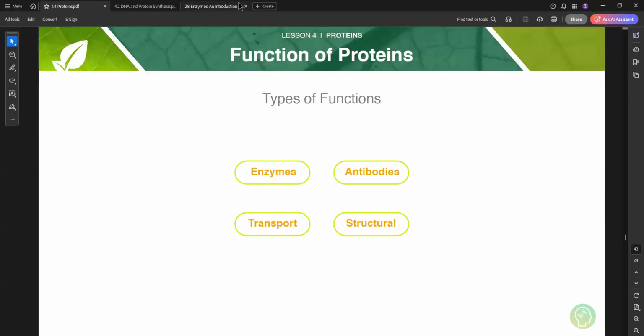So what I would like to know is, so you're saying that that's going to determine the shape of the active site. Why does that matter, first off? And what happens if I change that shape? So if you change the shape, then the substrate will no longer fit in because it's very specific to the shape of the active site. Excellent.